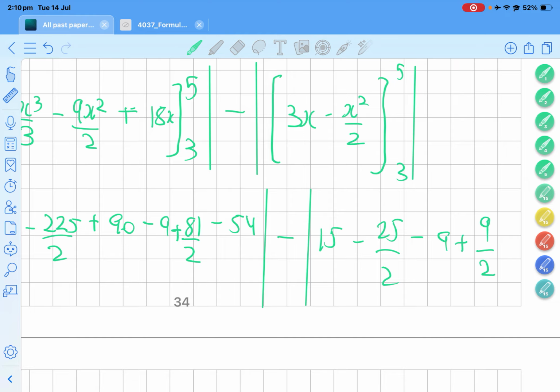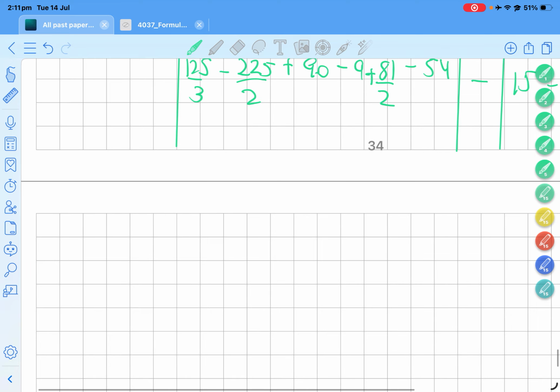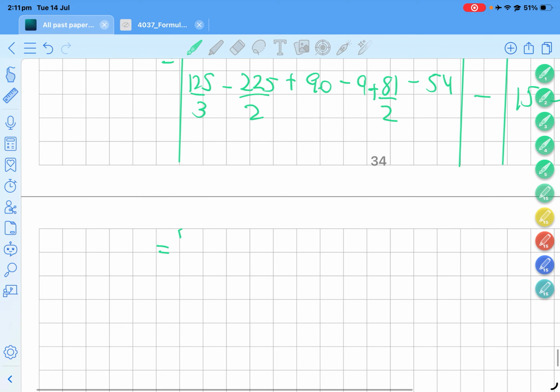So here you can see this is basically saying 16 over 2, so after simplifying this, you get minus 10 over 3 for this portion.